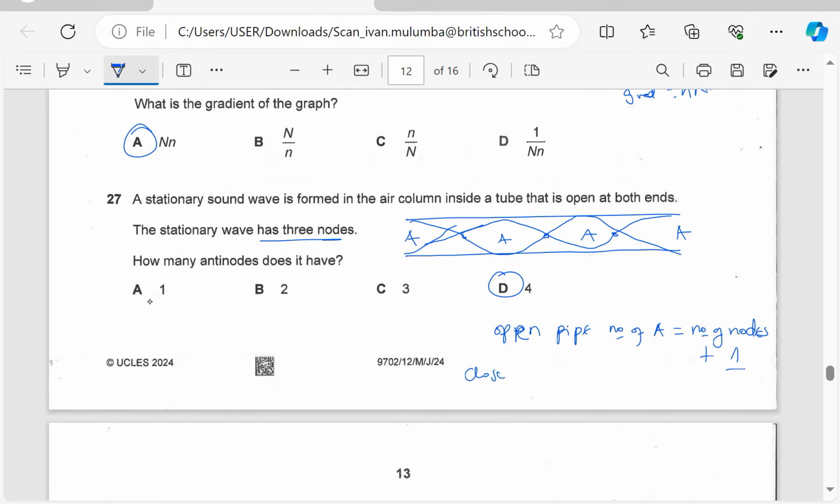For a closed pipe, the number of antinodes is the same as the number of nodes. For an open pipe, the number of antinodes is always 1 more than the number of nodes. So since we have 3 nodes, we expect the number of antinodes to be 4. There are 3 nodes. We are seeing 4 antinodes.